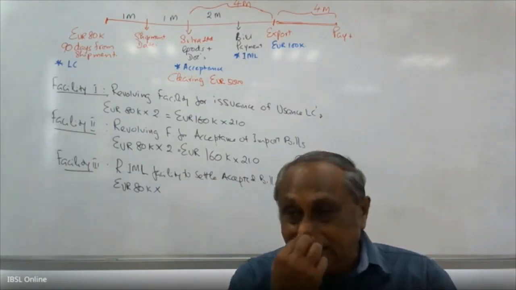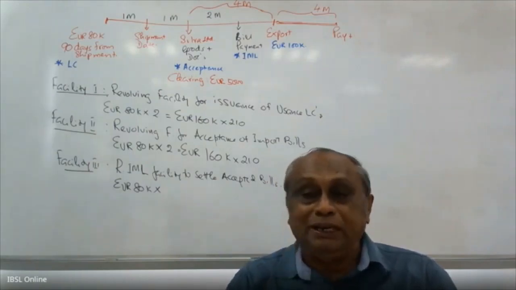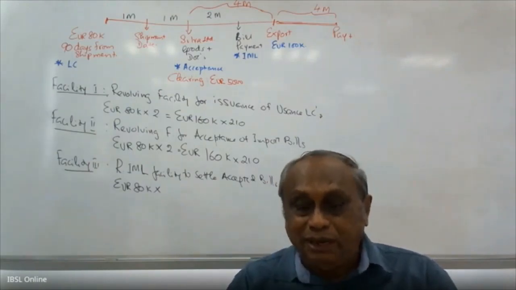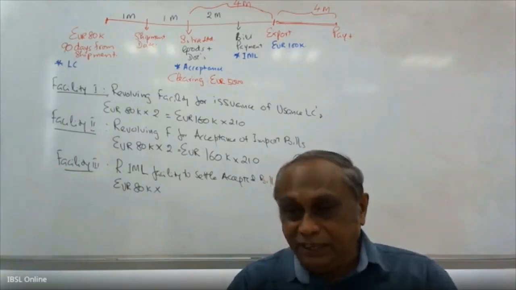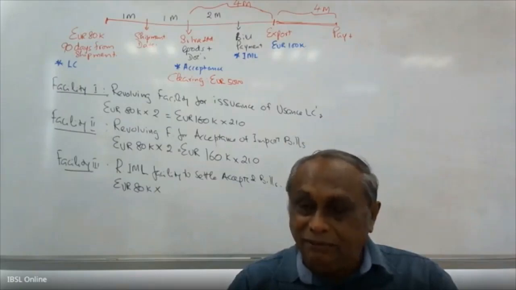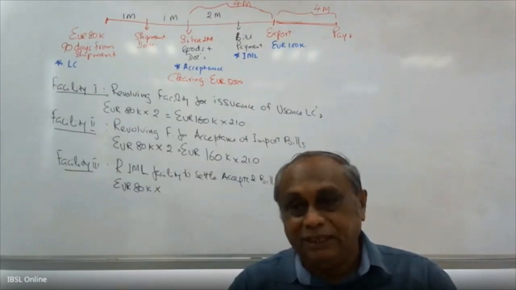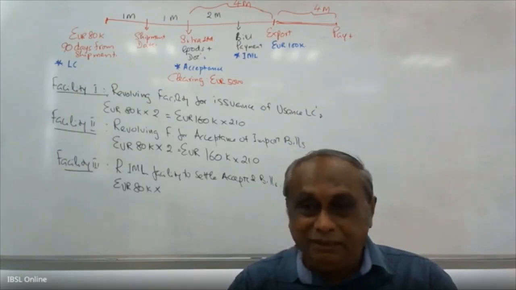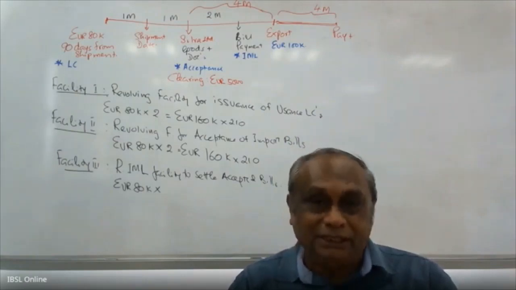If the documents are clean, we can negotiate the bill under LC. If it is under collection, we can purchase. So anyway, we can purchase the bills, right?